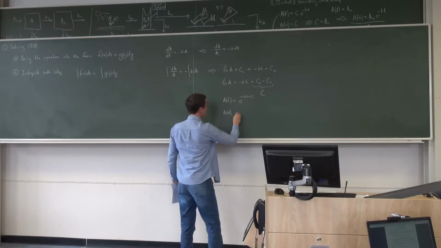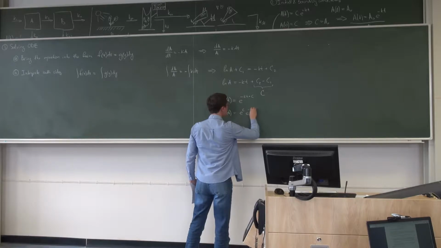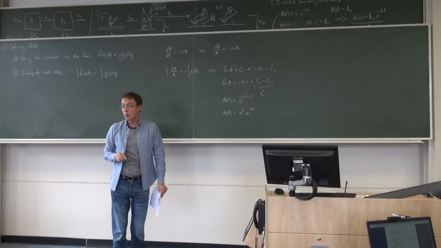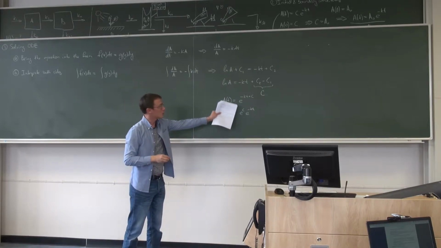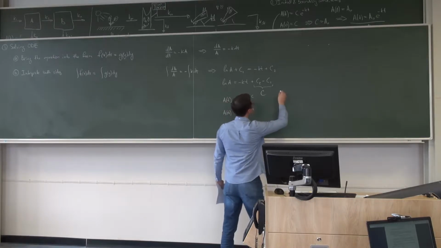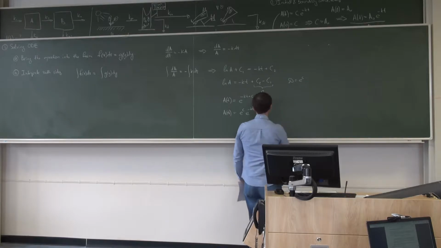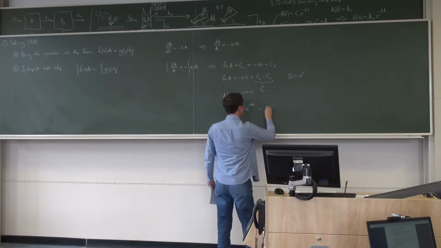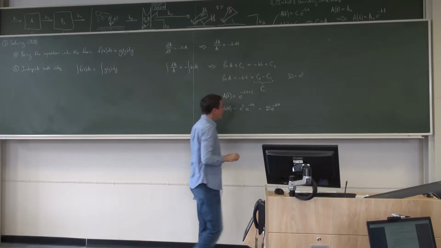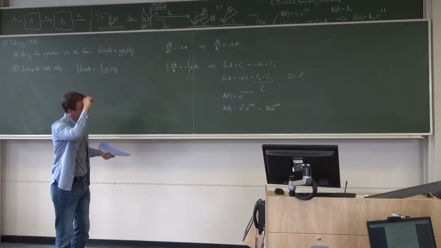A of t is e to the c times e to the minus kt. And the exponential of a constant is just another constant, right? So we can just ignore the presence of the exponential. So we will call that D. D is e to the c. A equals D e to the minus kt. And that's our general solution that you have already seen for the radioactive decay.